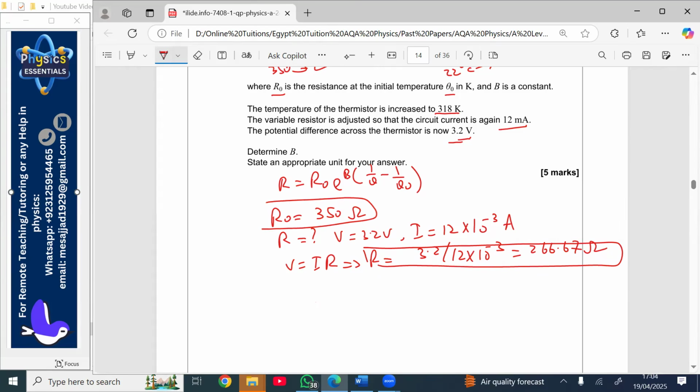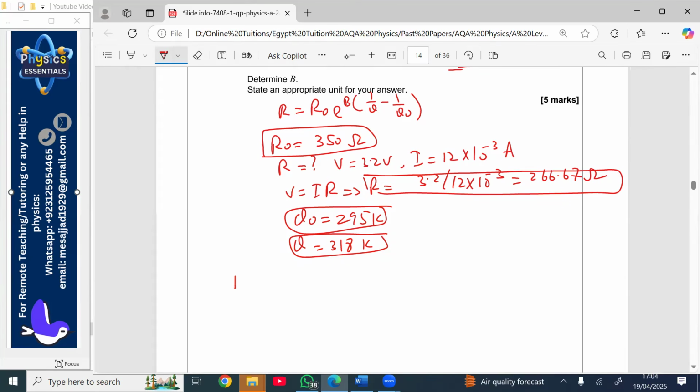So I have the value of R, I have the value of R naught, I have the initial temperature as 295 K and the final temperature as 318 K. So it's all okay to go on from here.